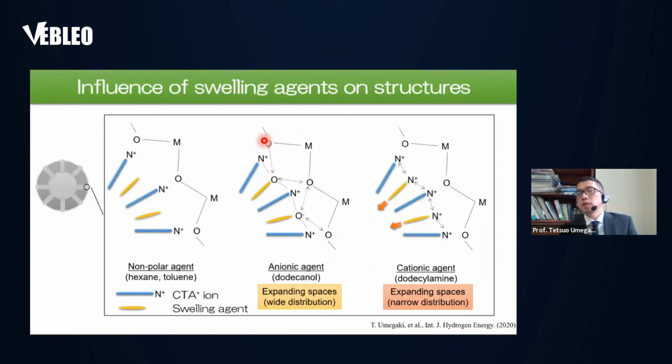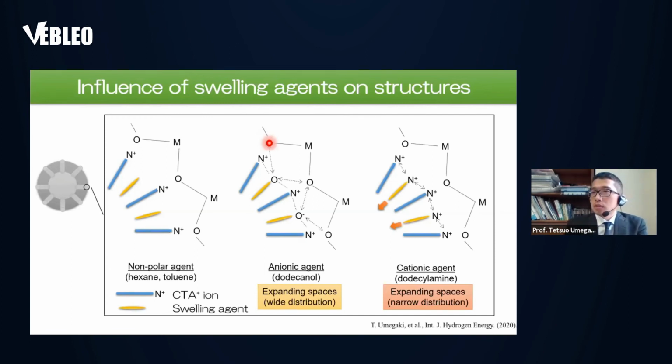From the microscopic images and the isotherms and distributions, we have estimated that interparticle space structures depended on the polarity of the swelling agent molecules.